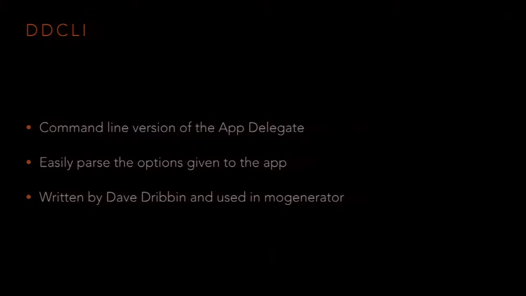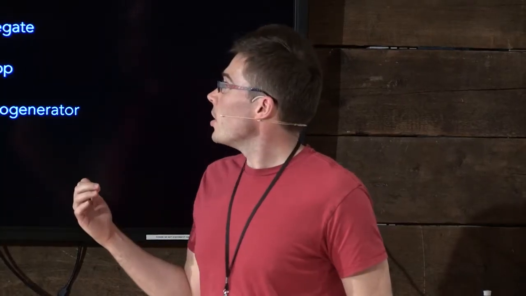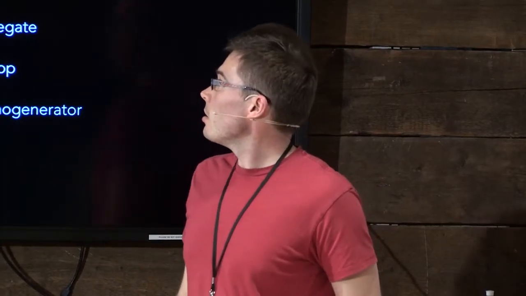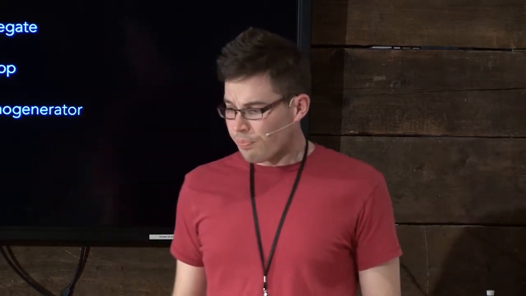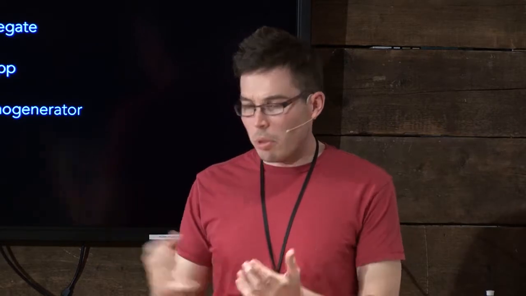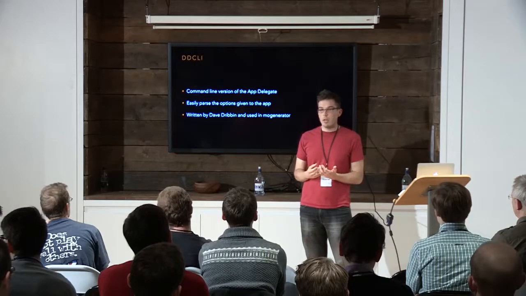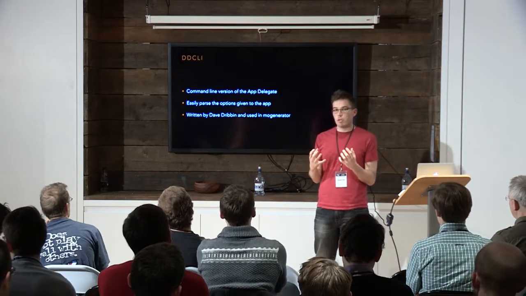This library makes everything possible, really. When your app gets run, main gets run with the arguments that you pass in. But this thing called DDCli, which is command line interface, helps you parse all the options that you get given, and will give you a better structure to the app.